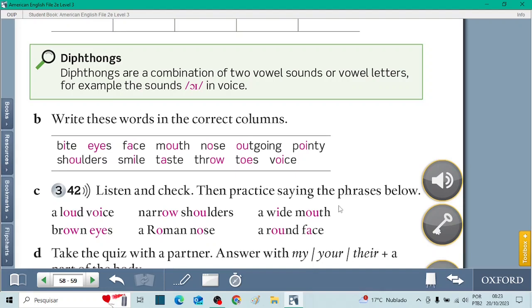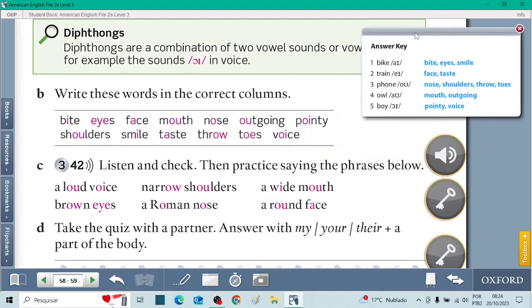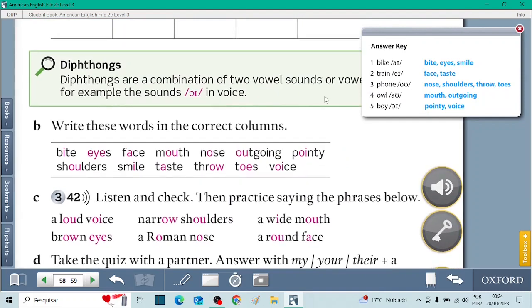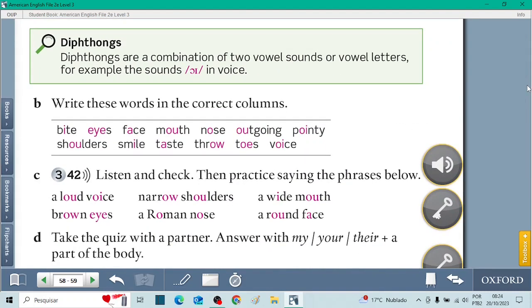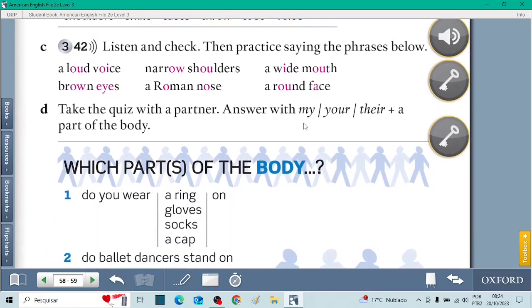Congratulations. Now you can check here the words and their sounds. Okay, so now in letter C, you will also practice saying the phrases below. Great. Now, D, take the quiz.